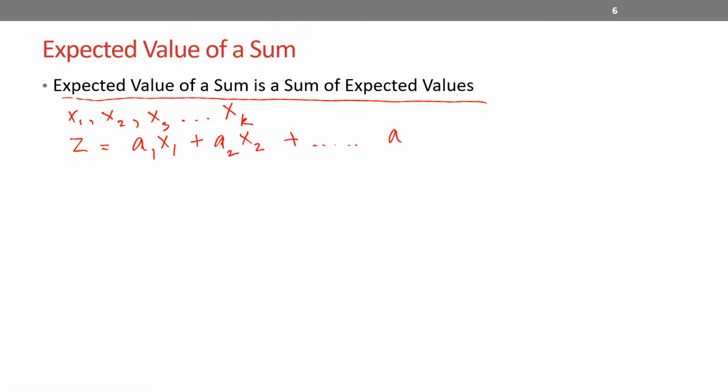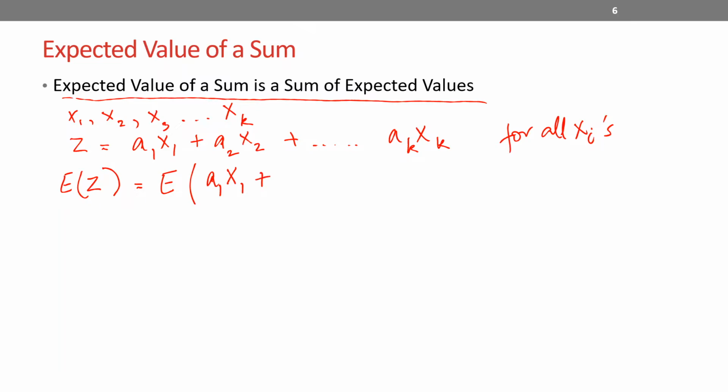Like, for example, numbers. And z is a linear combination of x of i. Then the expected value of z is given by, so I'll just substitute it the way I defined it, right? So E of z, simply by substituting, is going to be E of a1 x1 plus a2 x2 and so on up to ak xk.